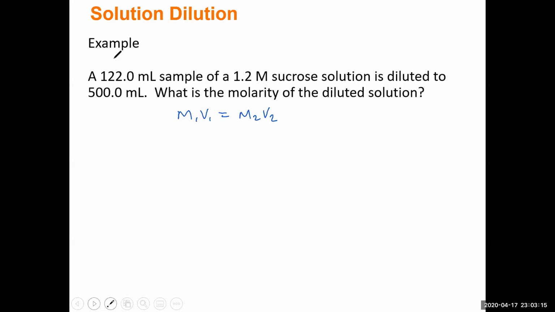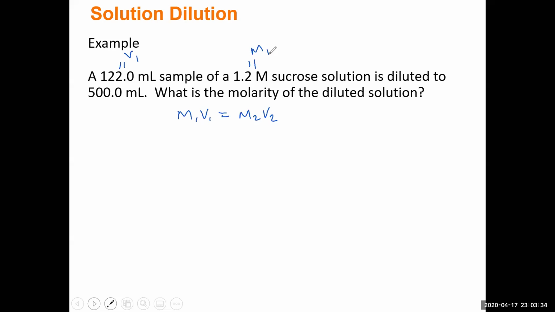So our V1 is our 122.0 milliliters sample of 1.2 molar sucrose solution. So 1.2 molar is going to be our M1.